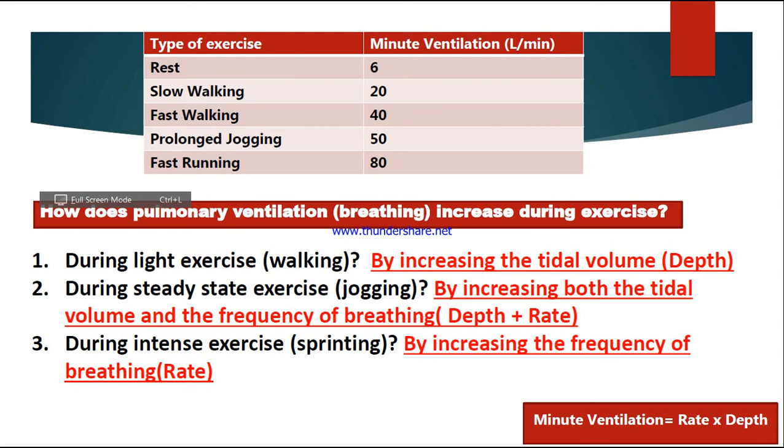So in very light exercise like walking, the depth is more, while in intense exercises like sprinting, the depth is less. It is shallow breathing, but the frequency is very much increased. In light exercise, the frequency will not increase; in fact it will take more time between two breaths.